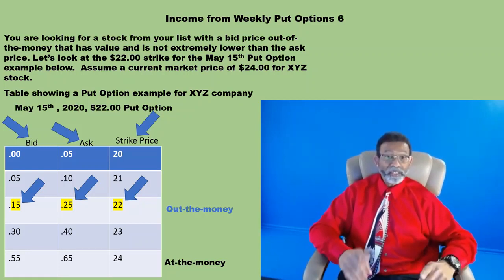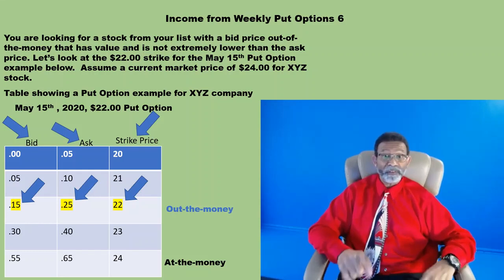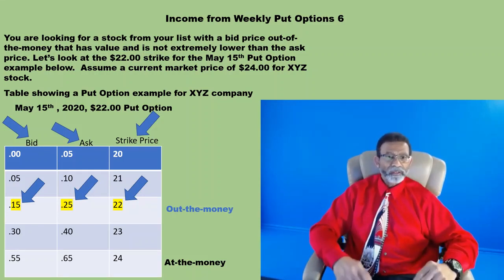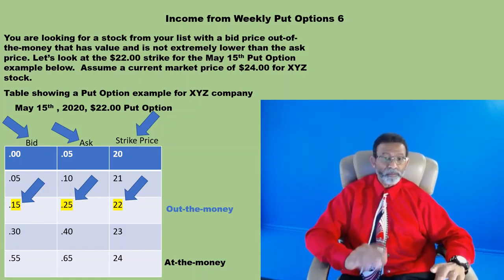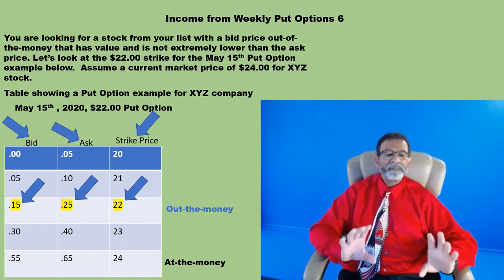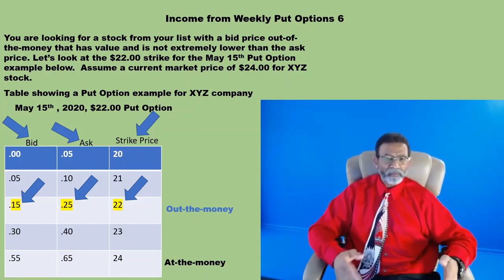So we're going to look at the $22 strike price for the May 15th put option in this example. And we're going to assume a current market price of $24. So take a look at the table, get familiar with the values in the table.